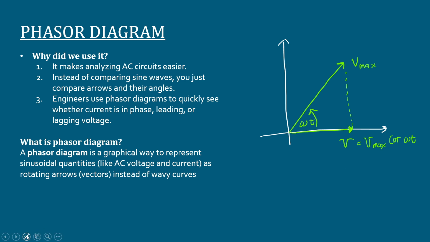First of all, we know that here V is equal to Vmax cosine omega t. Because V is parallel to the value of current, current will also equal I max cosine omega t, like this.